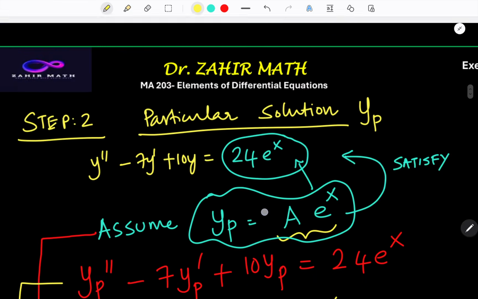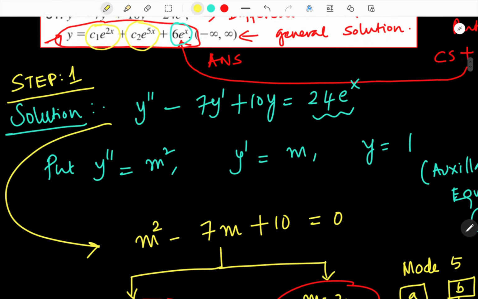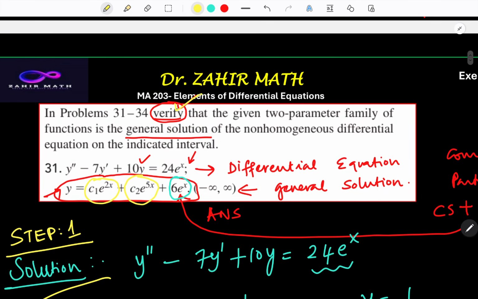Let us go back again and we'll see the question. Verify. This is the general solution for the differential equation. Clear? So we verified. We are not finding anything. Already the answer is given. We are finding the general solution. So what type of question chances are there?